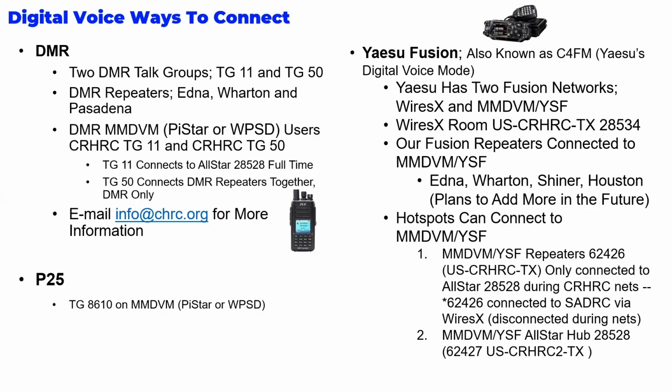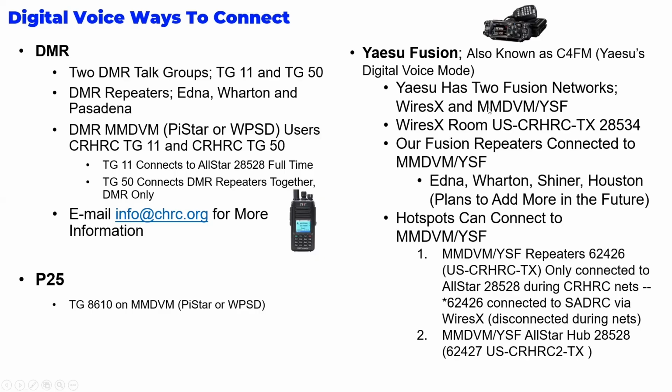Yaesu is also known as C4FM, which is Yaesu's digital voice mode. Now, Yaesu has two different fusion networks. One of them is WiresX. I'm not going to get too much into WiresX, but that is one of Yaesu's fusion networks.